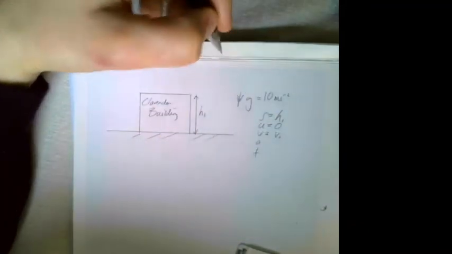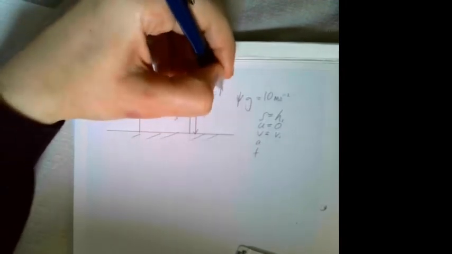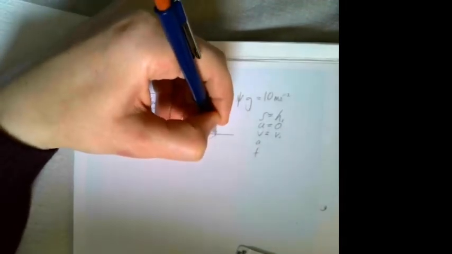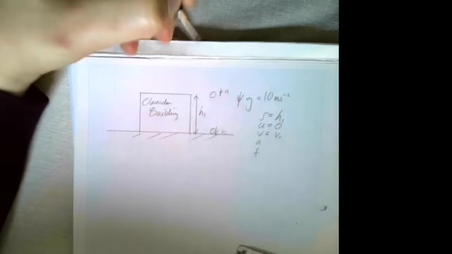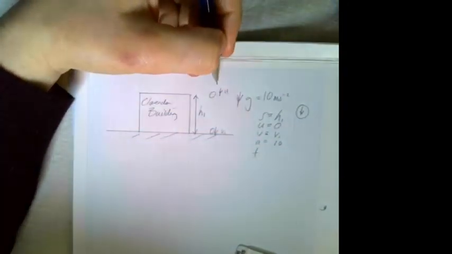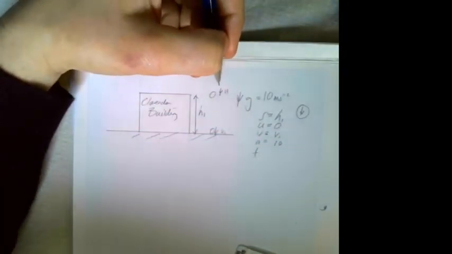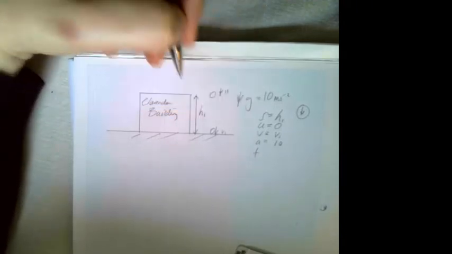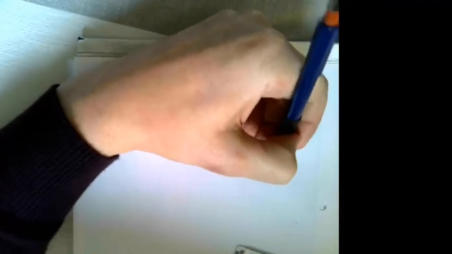Maybe I could call that V1 for the sake of things, the velocity it has at the end. That's my V1, that's my U. A, we know, is 10, provided we take down as positive, and I'm going to take down as positive, seeing as that'll make most of my values positive here. And T, we don't know. Maybe I'd call that T1 as the time it takes to get from 0 to the floor.